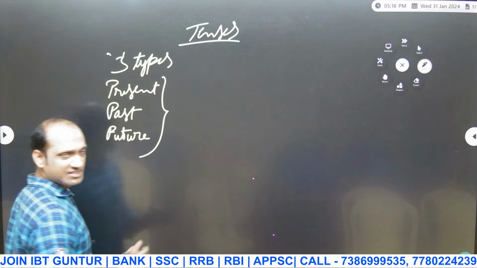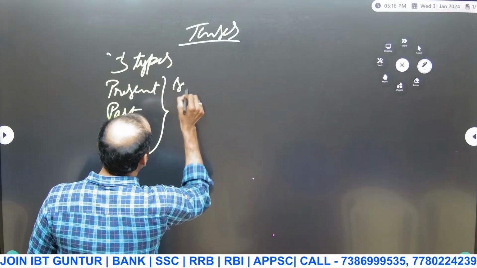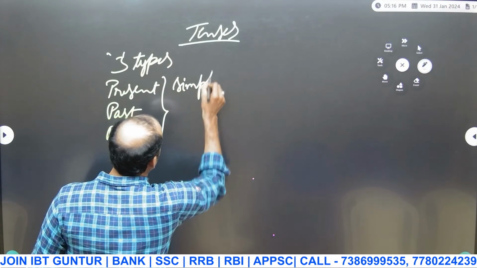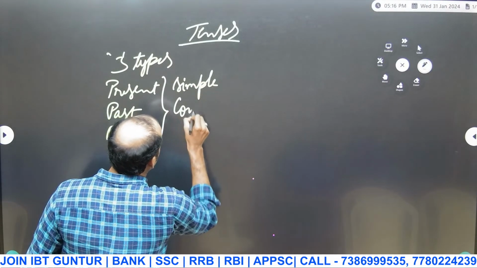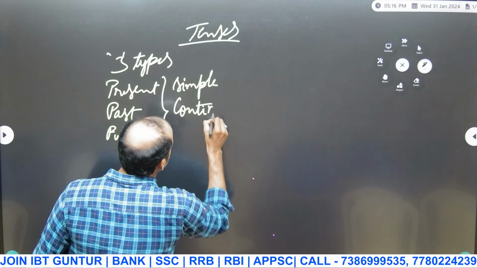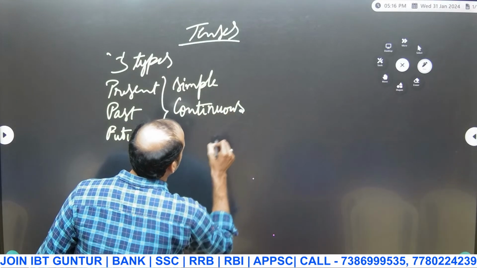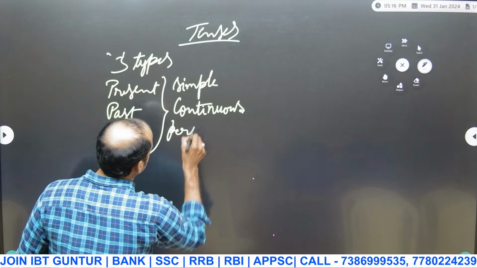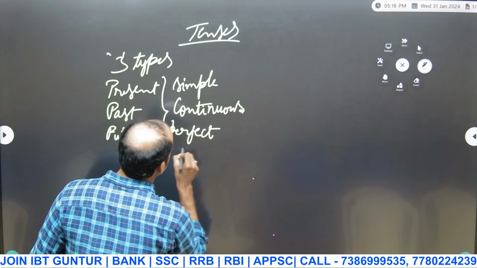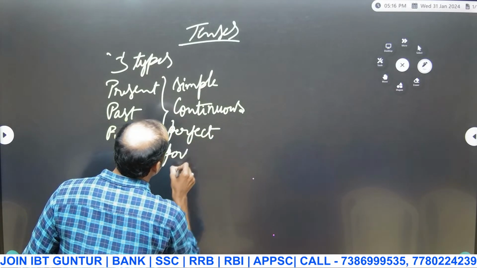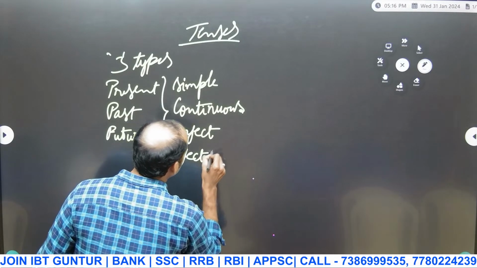Each and every tense is divided into four subdivisions. In that, simple, continuous, perfect, perfect continuous tense.